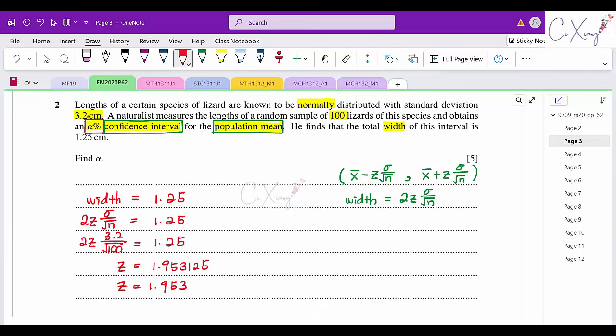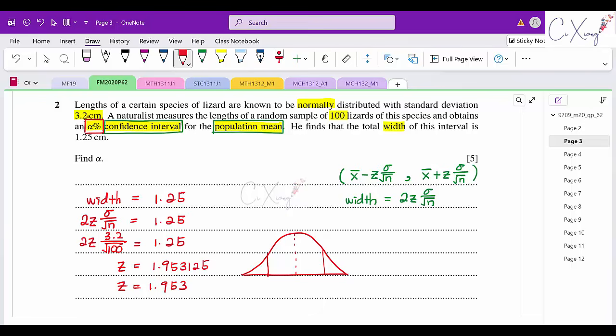So I will try to link it by using a very general graph, I would say. When we are calculating the confidence interval, the alpha percent means the center percentage for the confidence interval.